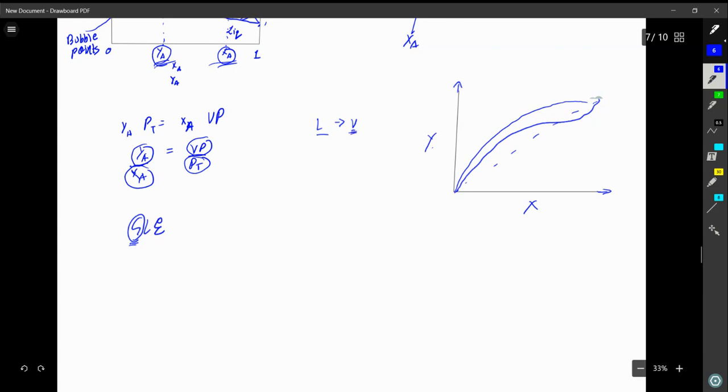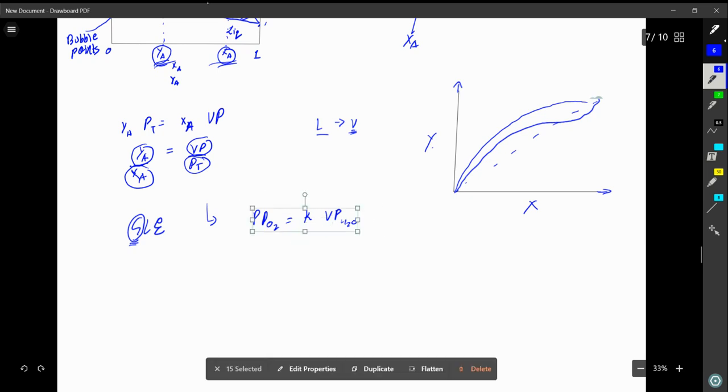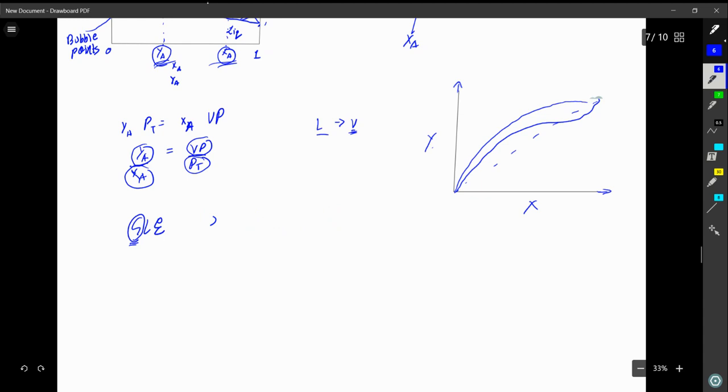When you say gas liquid equilibrium, it means how much is the solubility of the gas in the liquid. Let's say you have oxygen, how much oxygen is getting dissolved into liquid. So you say partial pressure of oxygen is some constant times vapor pressure of water. There is some equation like this which you don't need to worry about, but there is a law which defines this solubility, and it is called Henry's law.